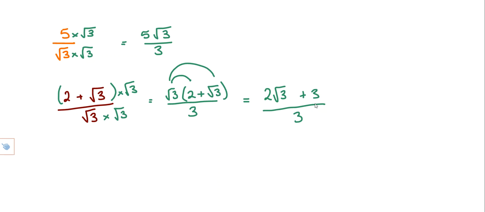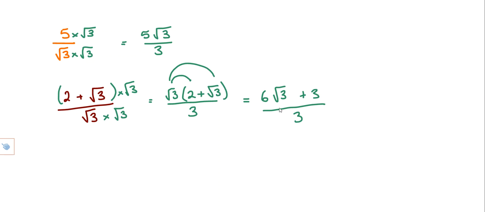If there was a common factor, what do you mean by that? Yeah, if there was a common factor I could... What do you mean by that? Well, to be honest, if there was a common factor it would have appeared at this stage anyway for me to cancel out. But let's say, for instance, maybe you don't want to write this down, if I were to end up with 6 root 3 plus 3 over 3, right?